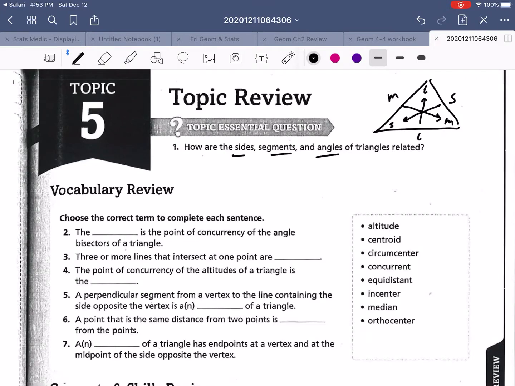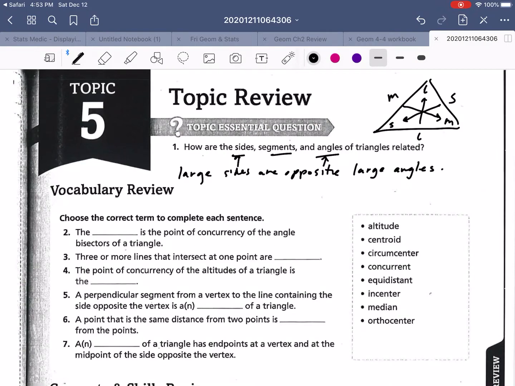It's pretty prevalent in this chapter that large sides are opposite large angles. That would be one way to say how the sides and angles are related.